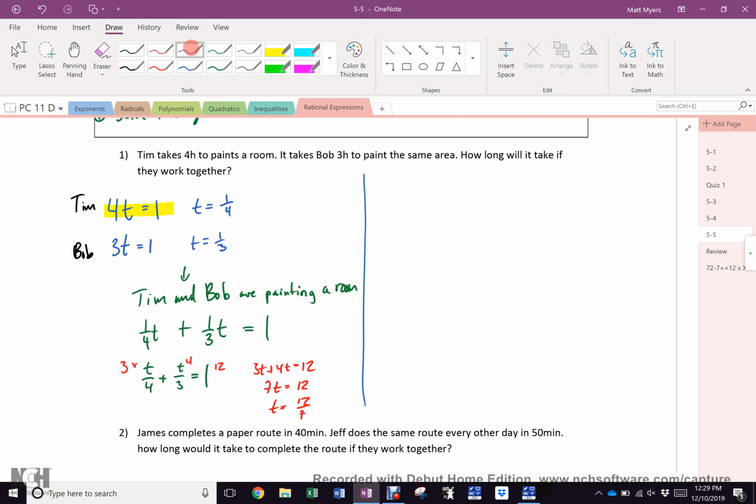The other way to do it is if we think about it as a rate. Now, a rate means what? How many values do you need to get a rate? 2, right? What are some examples of rates? Kilometers per hour, yes?